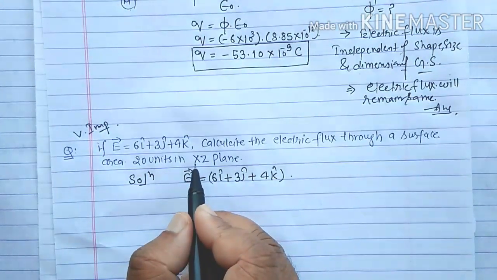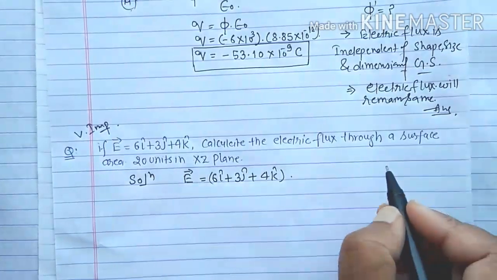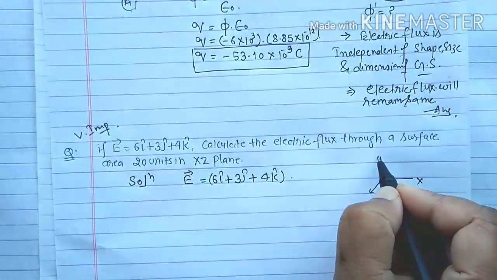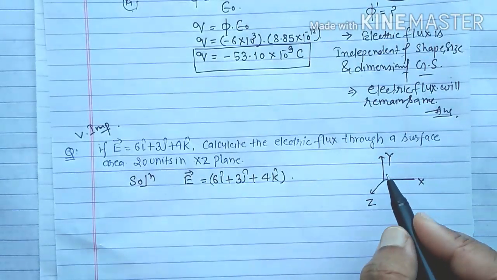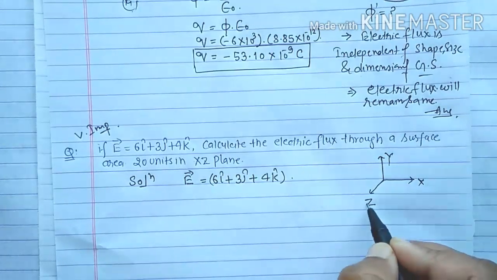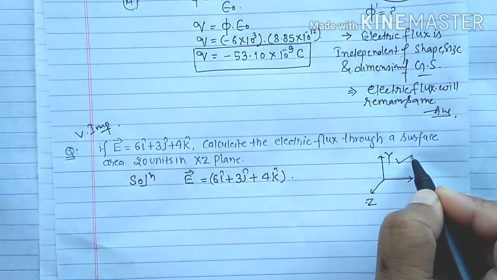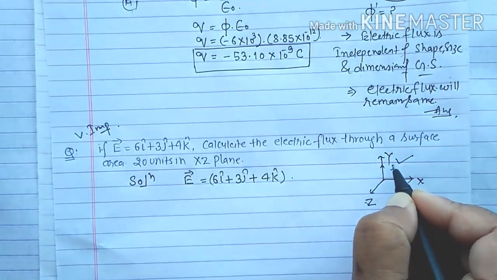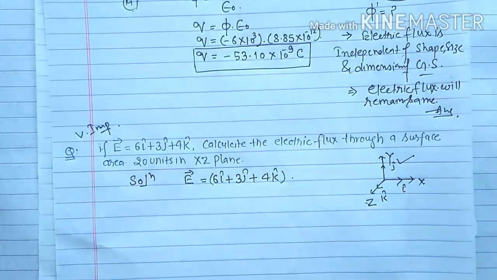Okay, now tell me what will be the unit vector which is perpendicular to the XZ plane. X axis, y axis and z axis. Now tell me which unit vector is perpendicular to this plane x and z. So the perpendicular axis on XZ plane will be the y axis. Unit vector along x is i cap, unit vector along y is j cap, and unit vector along z axis is k cap.